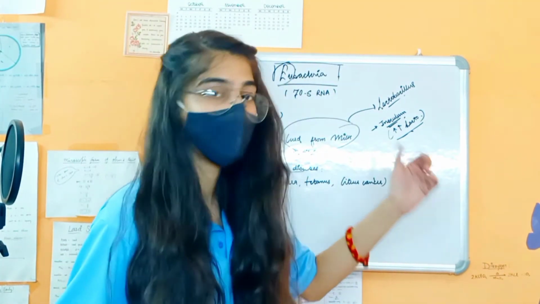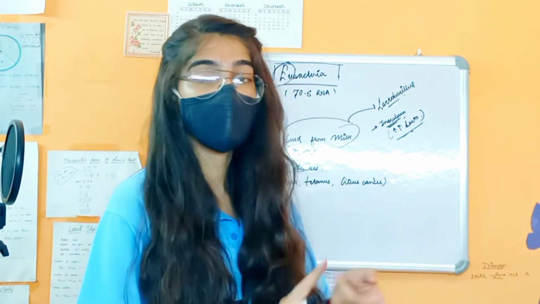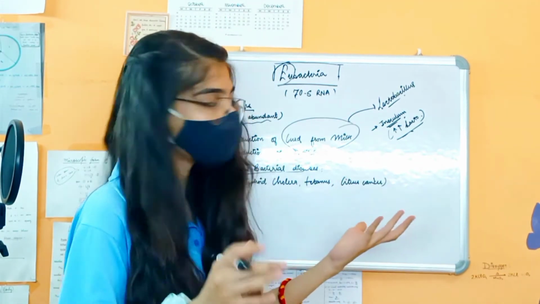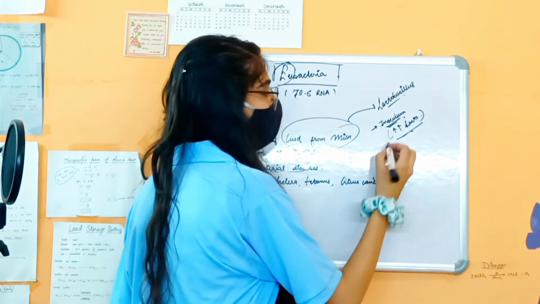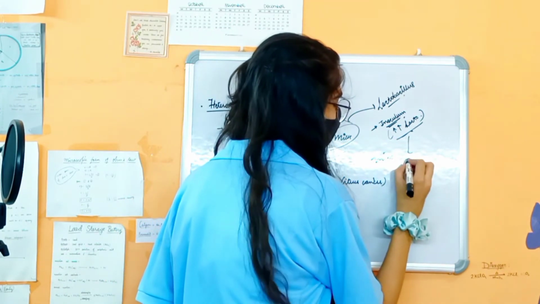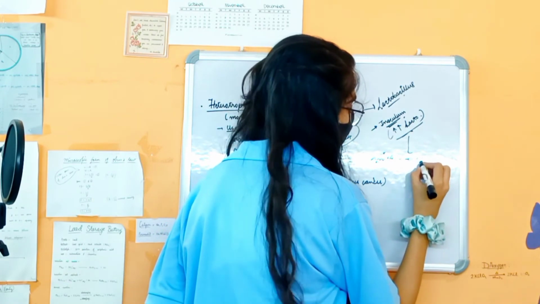When added to the milk and left for the whole night, they multiply, or we can say divide. In biology, multiplication and division mean the same. So they divide and increase their number and cause the whole milk to get converted to curd.